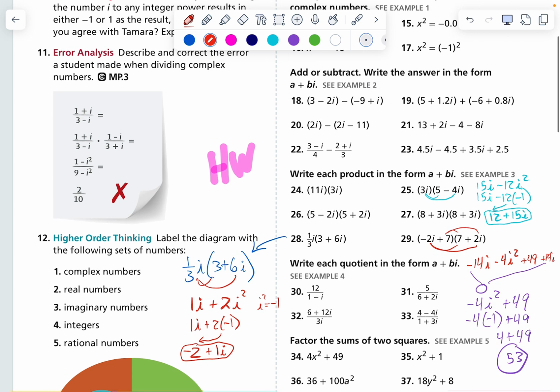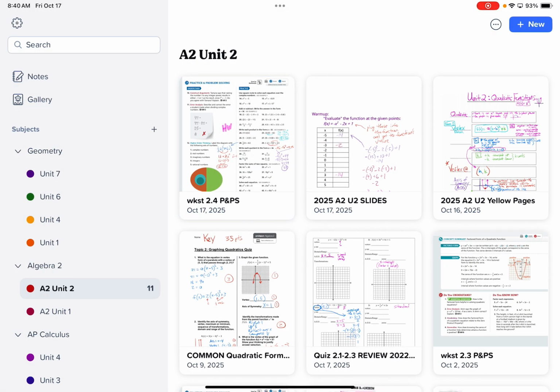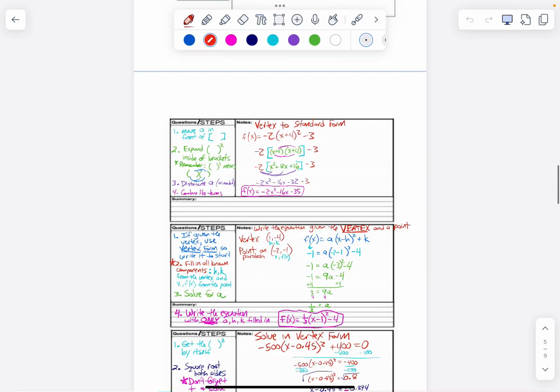How did adding and subtracting? Are we doing okay on it? Okay. Cool. Let's go ahead and grab your notes and let's do an example on division or quotients.